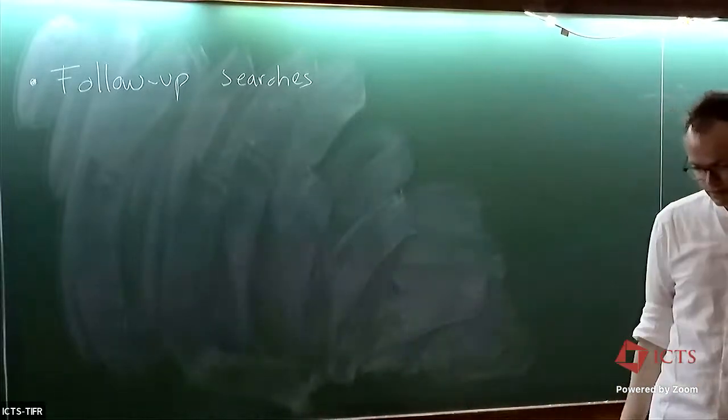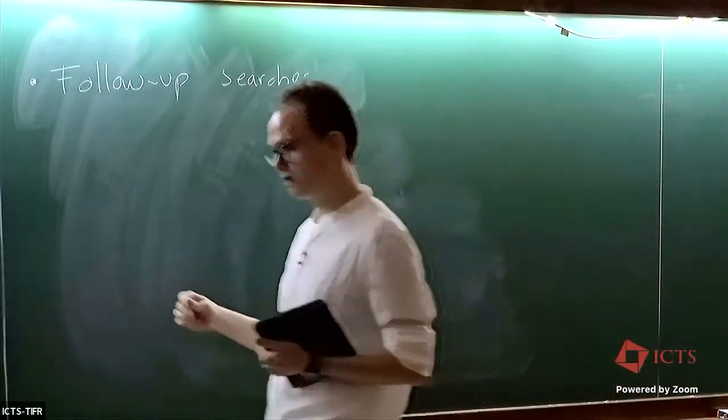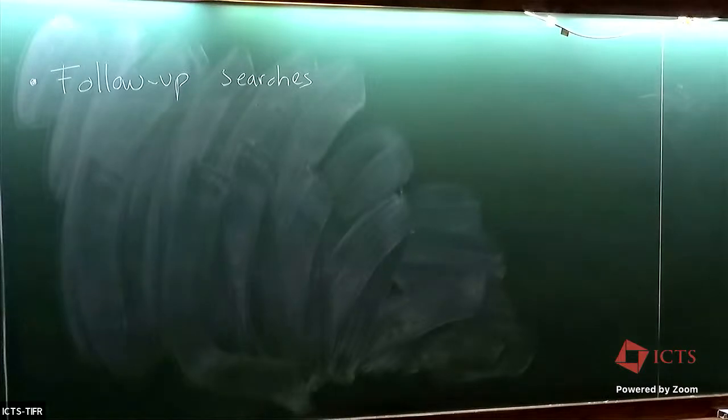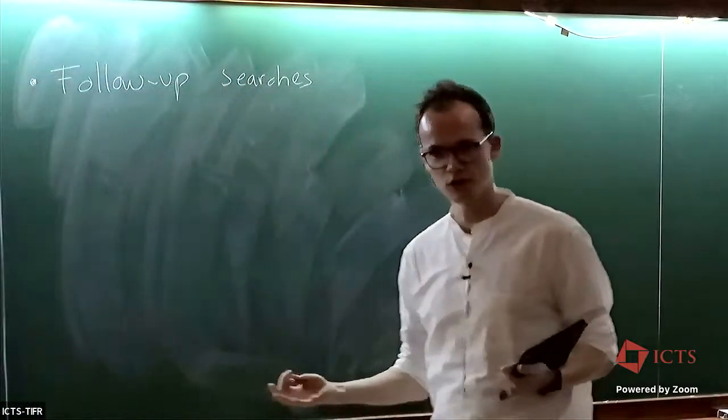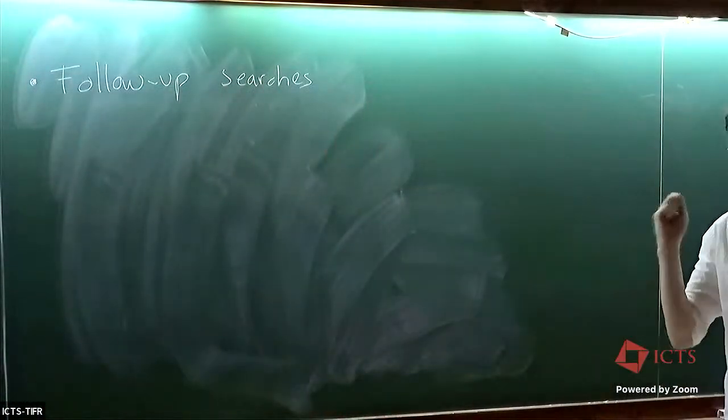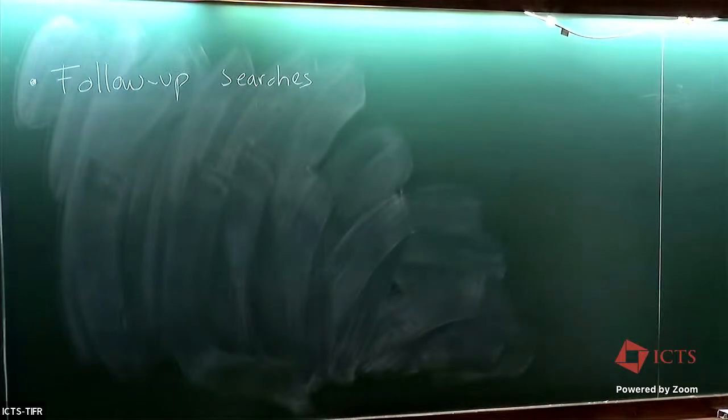So here the idea is that we measure binary black hole mergers, and we then know that the remnant of the binary black hole merger is another black hole. And it's not just any black hole. We have a precise, or roughly precise, measurement of the mass and the spin of this black hole. Not just the mass and the spin, but also the sky location. So we now know that a new black hole was formed of a particular mass and a particular spin at a particular point in the sky.